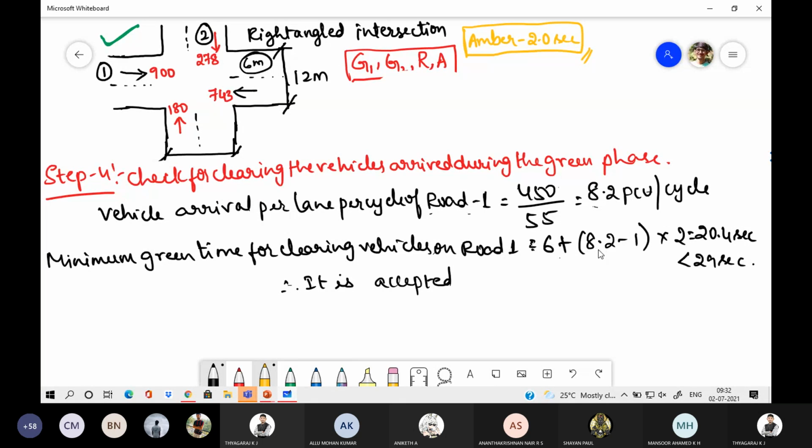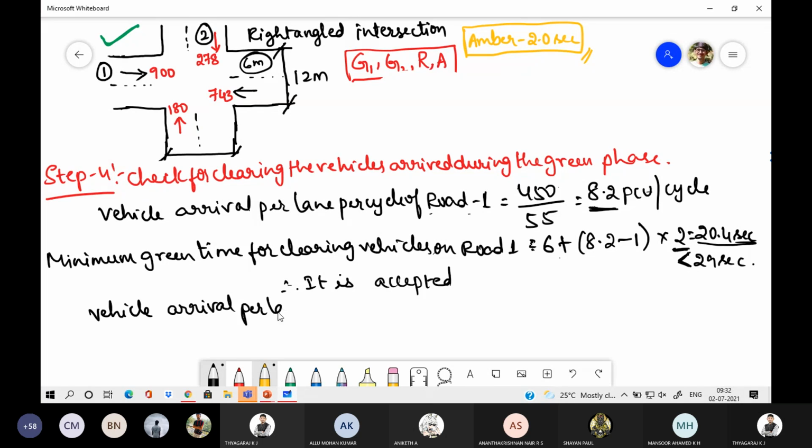So 6 plus 8.2, that is the vehicle arrival, minus 1 into 2. Why? Because there will be two-way movement of traffic. That's why we consider 2. So we get 20.4 seconds, and we have the green time as 29 seconds. That's why it is less than 29 seconds. Therefore, it is accepted.